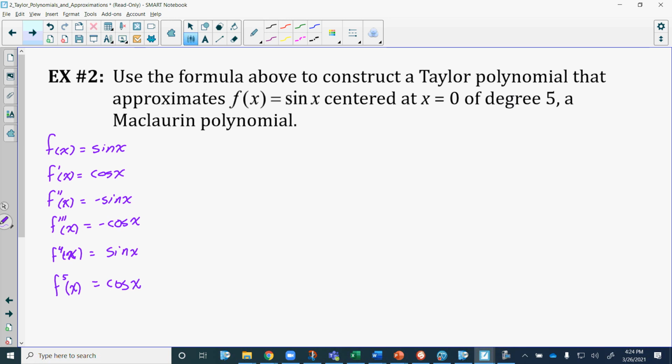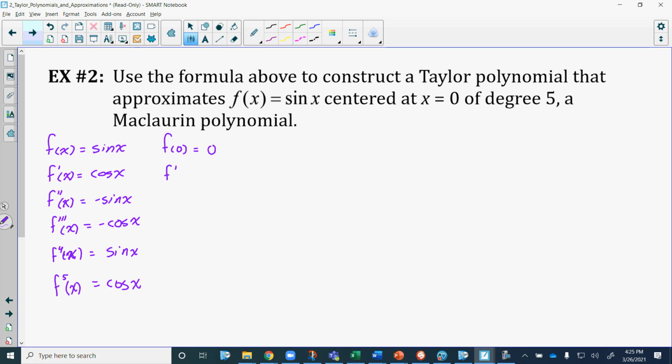And what we want to know is, what are the outputs here going to be? What is f of 0? Because that's our center. That's what we're evaluating the function at, since we want to approximate sine of x for x equal to 0. So sine of 0 is 0.